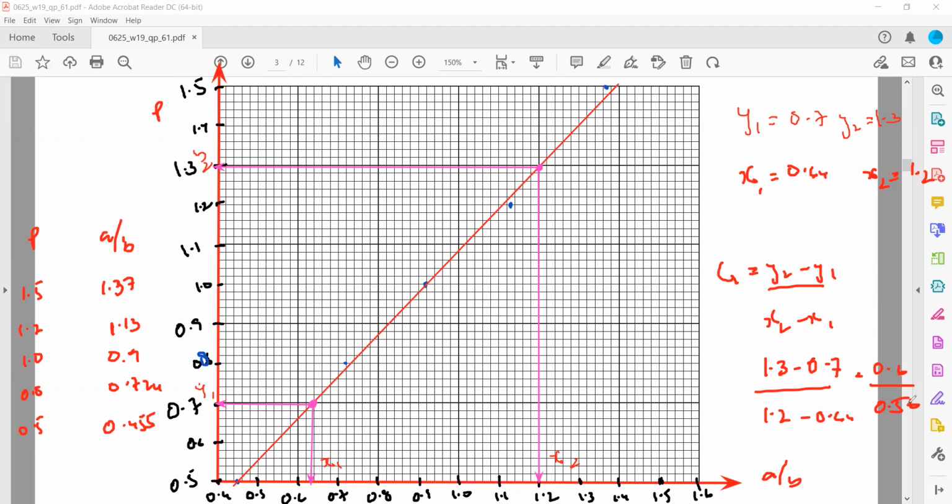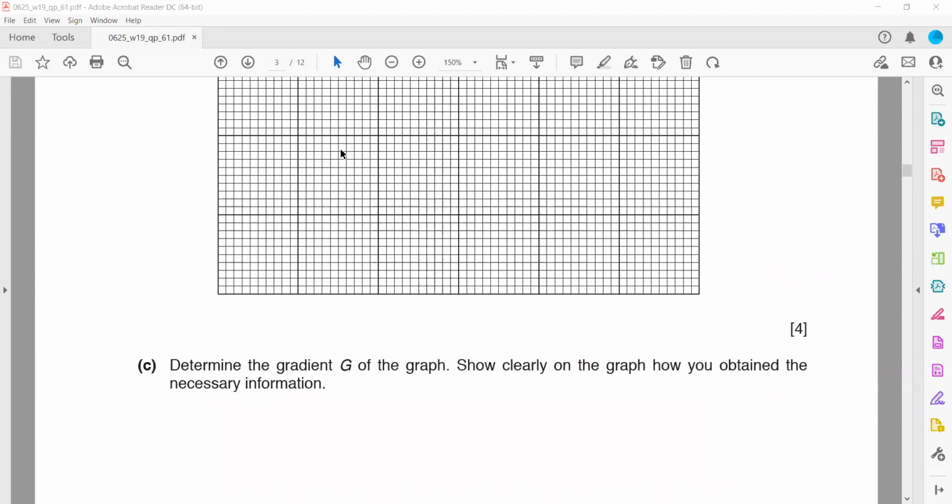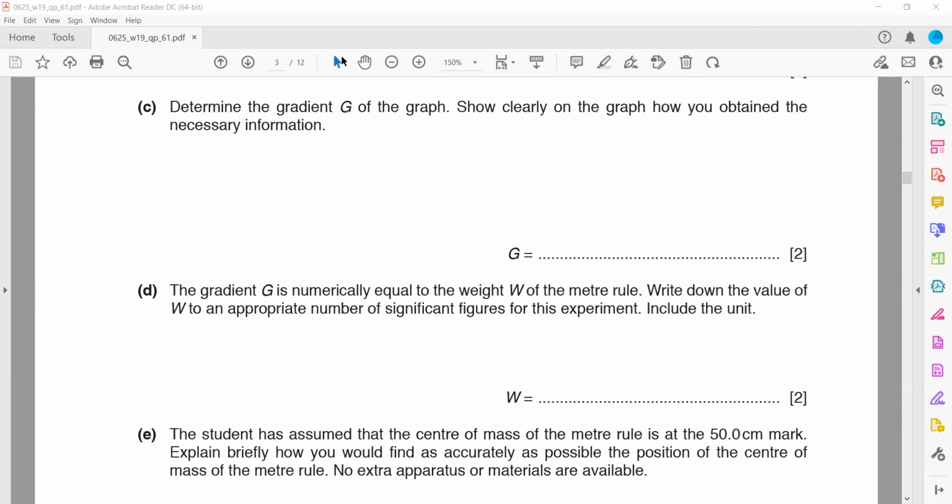So 0.6 divided by 0.56 is 1.07. So that is the value for the gradient. What we write here is the value for the gradient, 1.07. And you have to show clearly on the graph the lines which I draw on the x-axis and y-axis, you have to draw those lines.